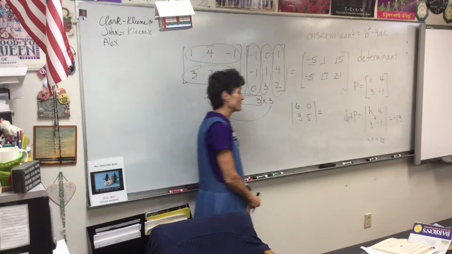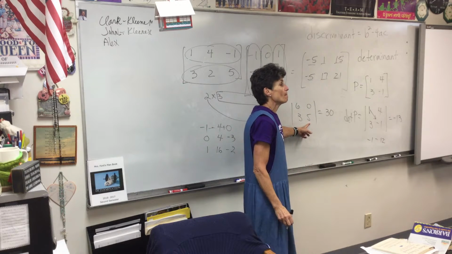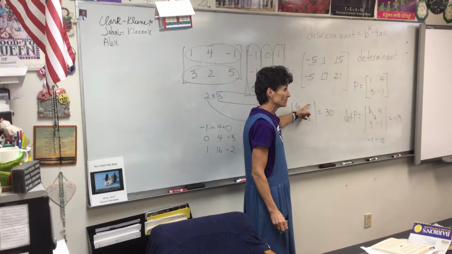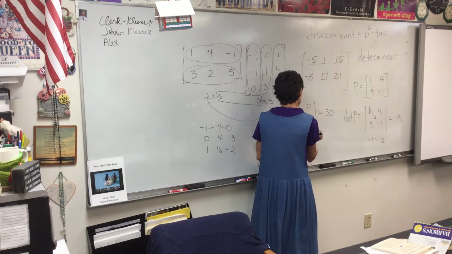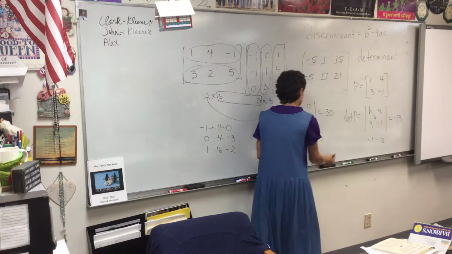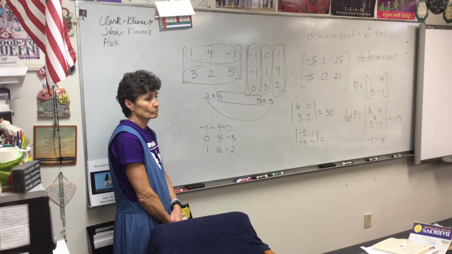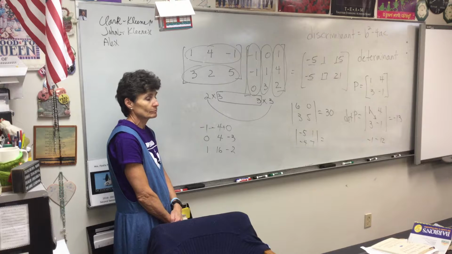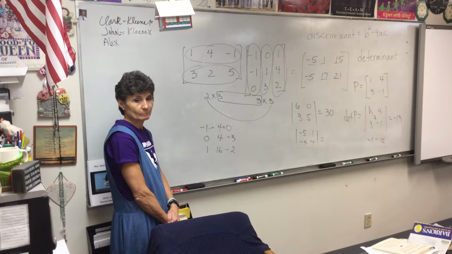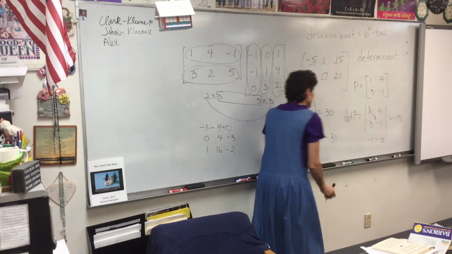30. Oh, watch your arithmetic. It's 30 minus 0. That would be 30. All right, one more. 35 minus 4, negative 31.